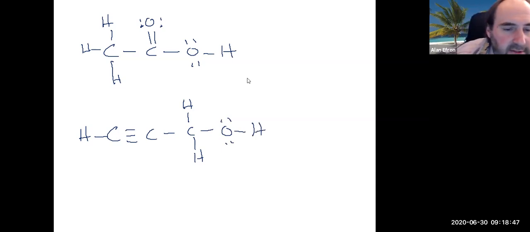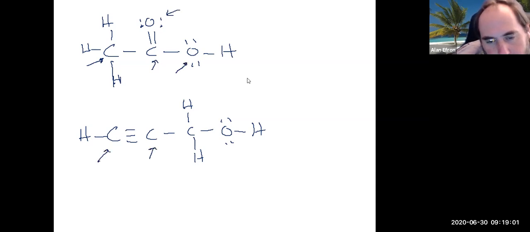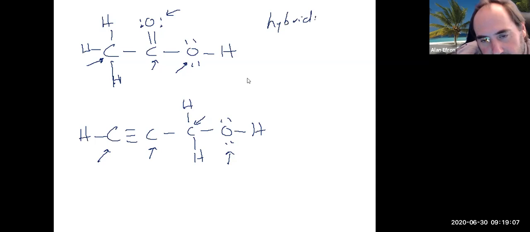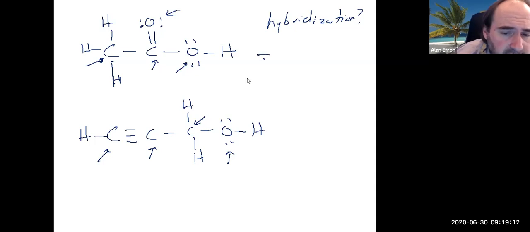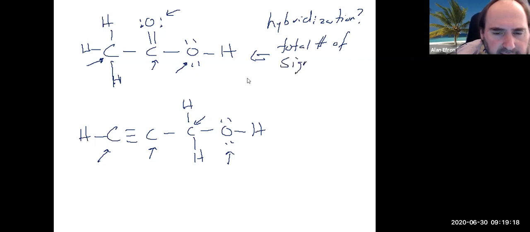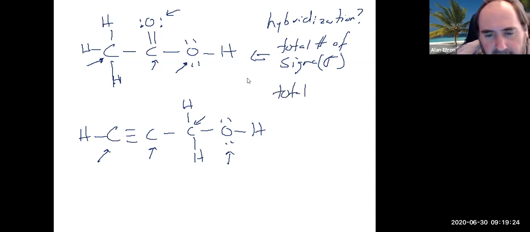Okay, so I want you to take a second or two and answer these questions. For all the ones that have arrows, what is the hybridization of all those? Again, for everybody that has arrows. And then also the total number of sigma bonds in this one, and the total number of pi bonds.